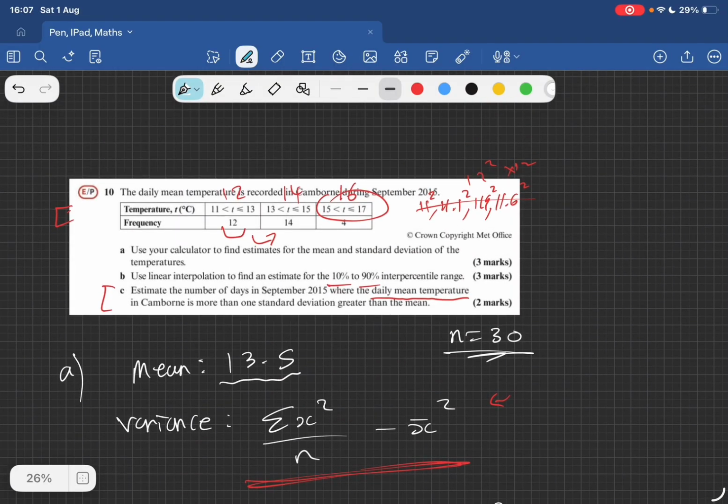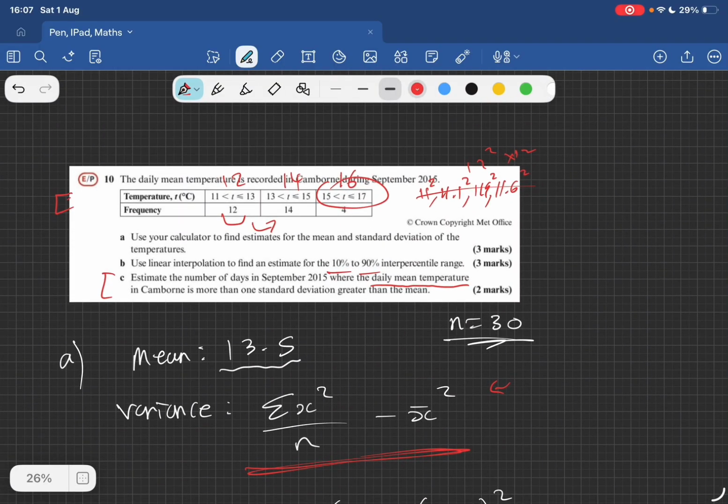Now, taking out all these words, they want the estimate for the number of days where it's just greater than 14.86. All those words now translate to the number of days where the mean temperature is greater than 14.86.